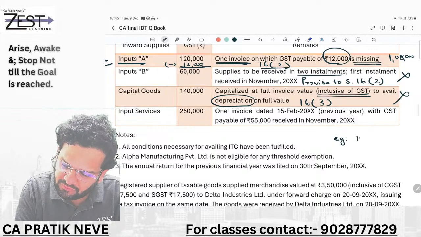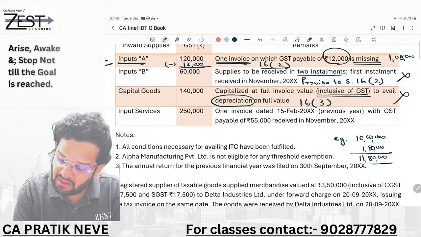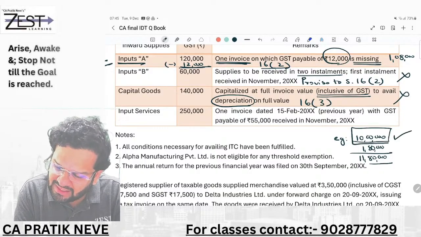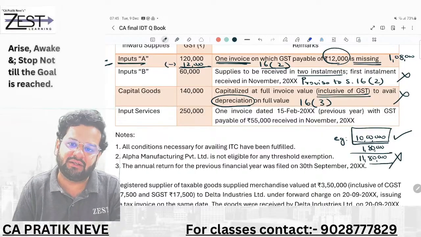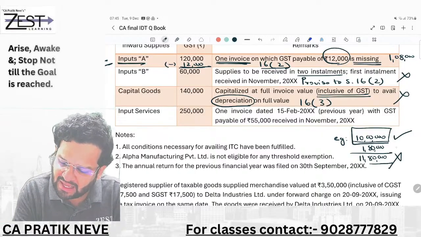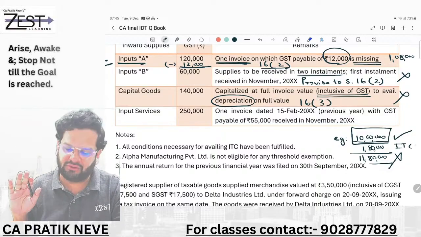Example, if the asset is of 10 lakh and GST on that is 180, the total asset price including GST is 1180. Claim depreciation on 10 lakhs. No one is stopping you. Don't claim on 1180. Claim depreciation on 10 lakhs and take ITC of 1,80,000.